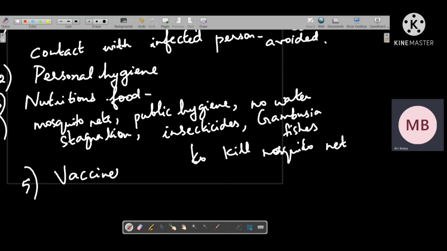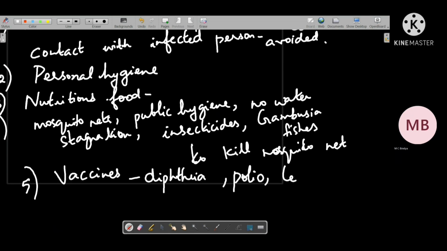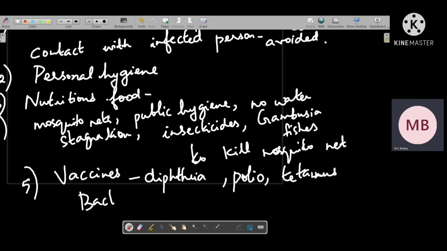Vaccines can also prevent some of the diseases like diphtheria, polio, tetanus, and if it is a bacterial disease, antibiotics can be taken.